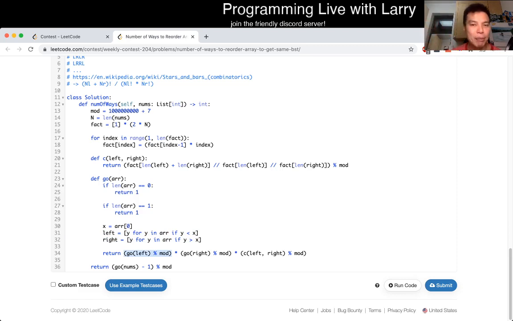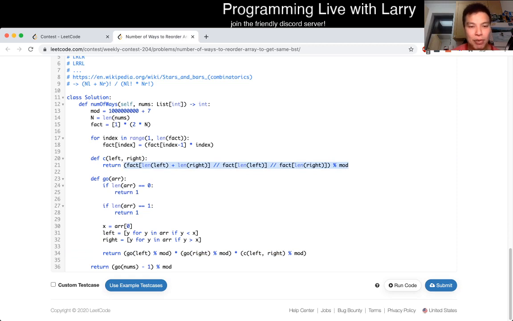It's similar to dynamic programming in that I have a function that answers a question for me, hence recursion. But we don't have to memoize anything because every state is only visited once. So for the numbers that are smaller than it, I ask how many ways there are to count the left, and then I multiply that by the number of ways to count the things that are bigger than it, and then I multiply that by this formula.